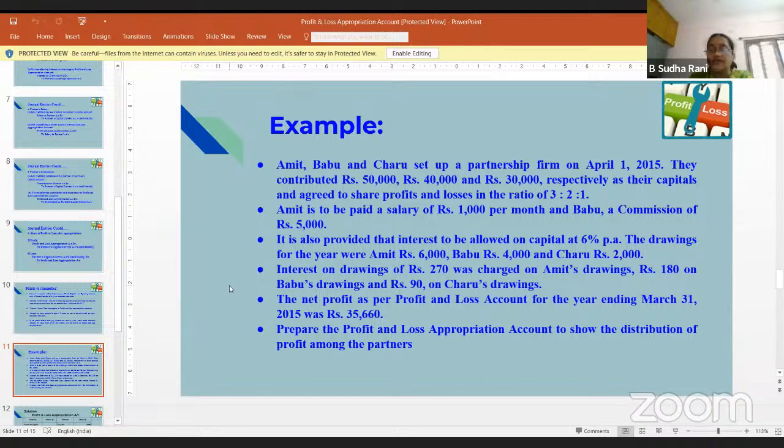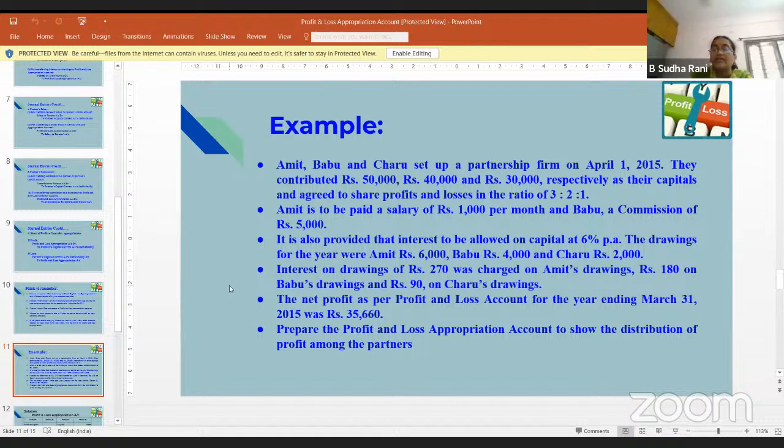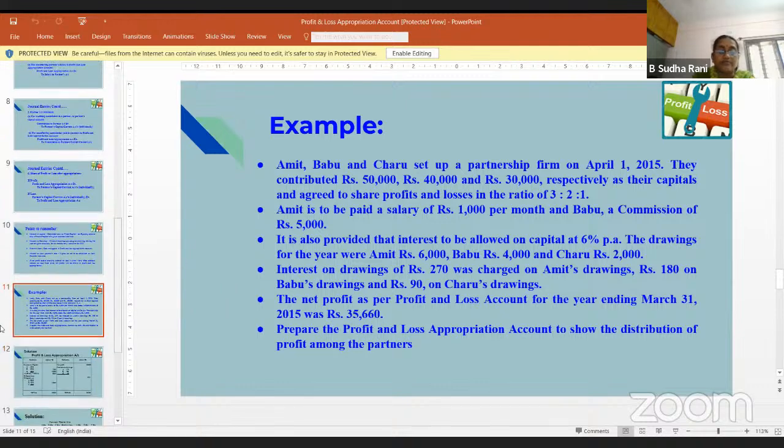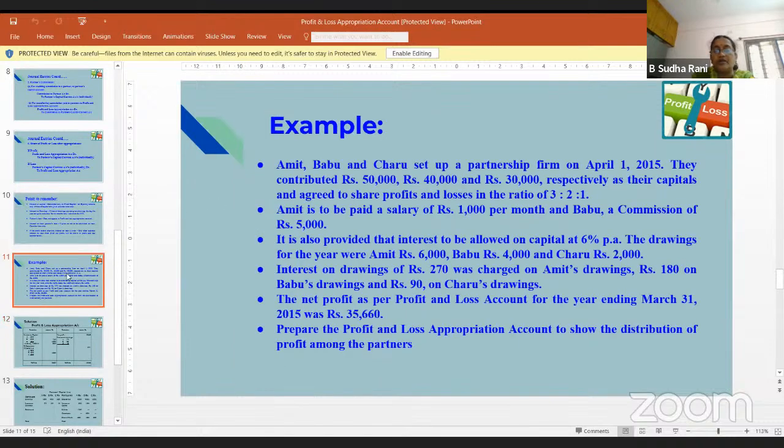We are supposed to write partners capital account. After writing partners capital account in brackets, why are we taking the partners here? For interest on capital.